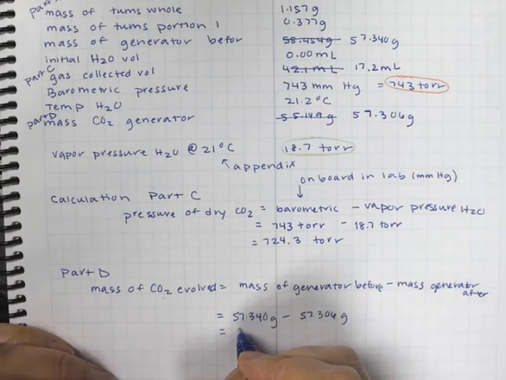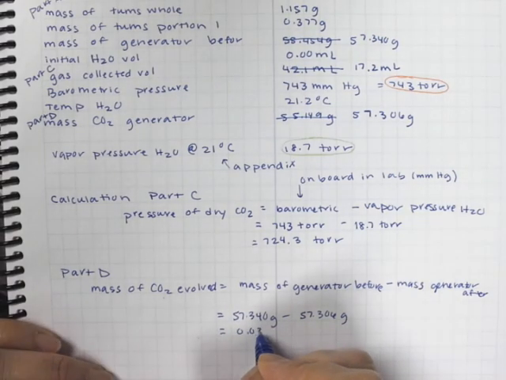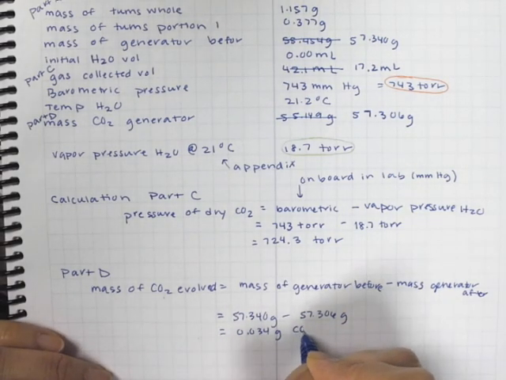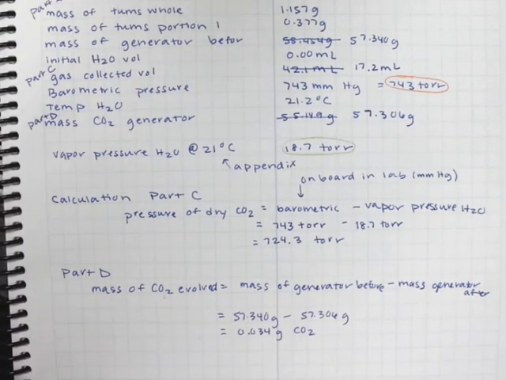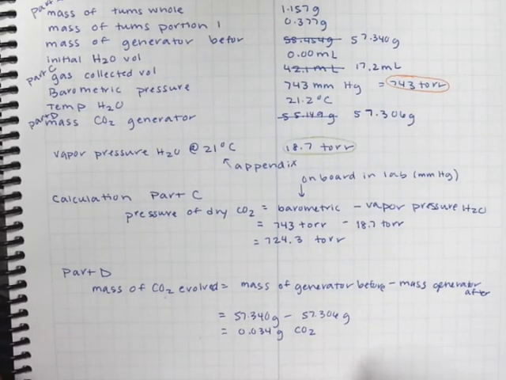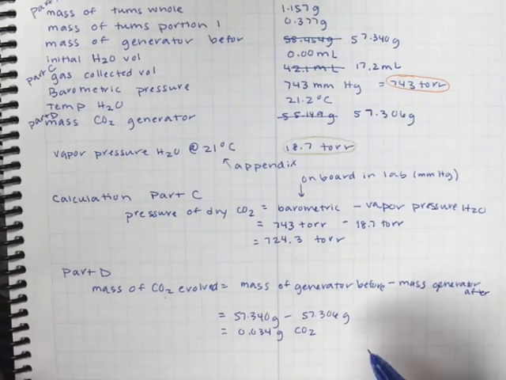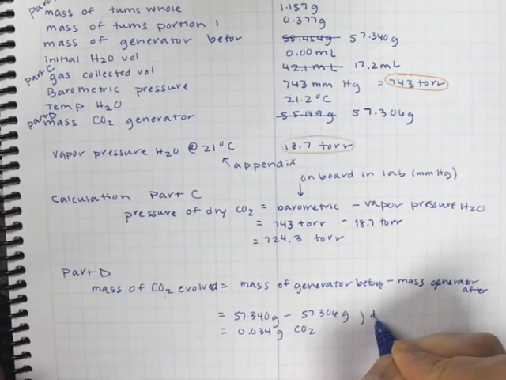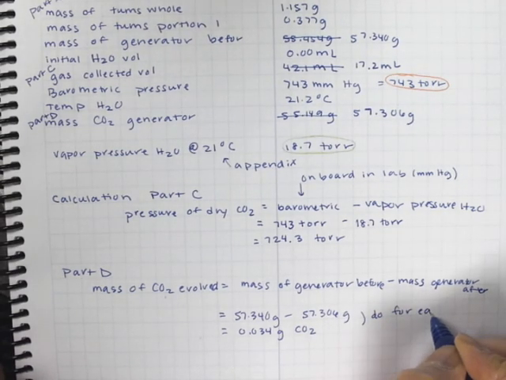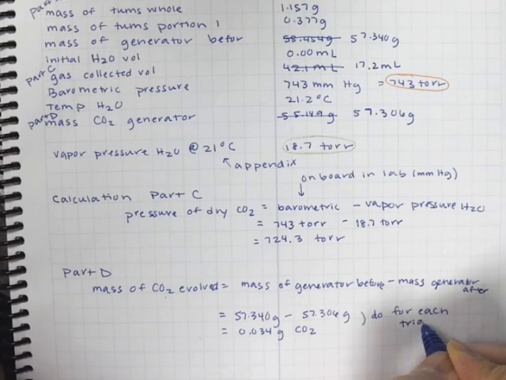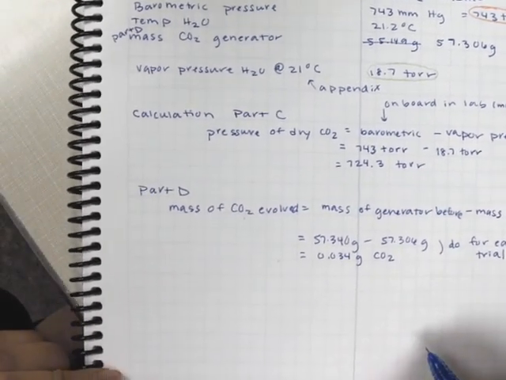So my mass of CO2 is 0.034 grams. That is part D, and you'll have to do that for each trial, but I won't do that all in this video.